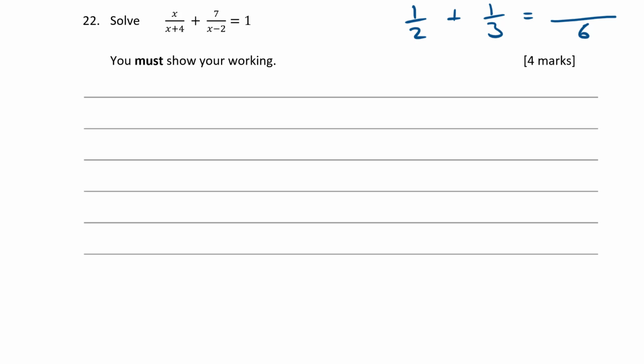We're going to find the common denominator of these two expressions and put it all over one denominator. Just the same way as 2 times 3 is 6, my common denominator from x plus 4 and x minus 2 is x plus 4 times x minus 2.